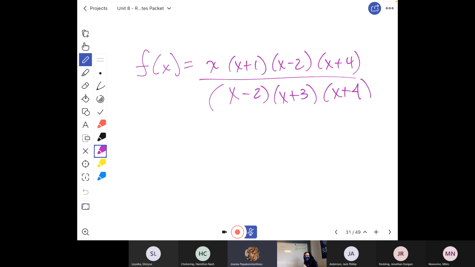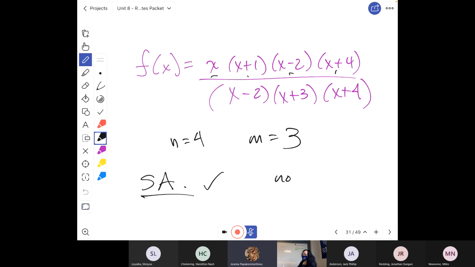Okay? What's the degree of the numerator? The degree of the numerator N is, oh heavens, M is, what can you tell me? There is no horizontal asymptote. There is a slant asymptote, but no horizontal asymptote, right?